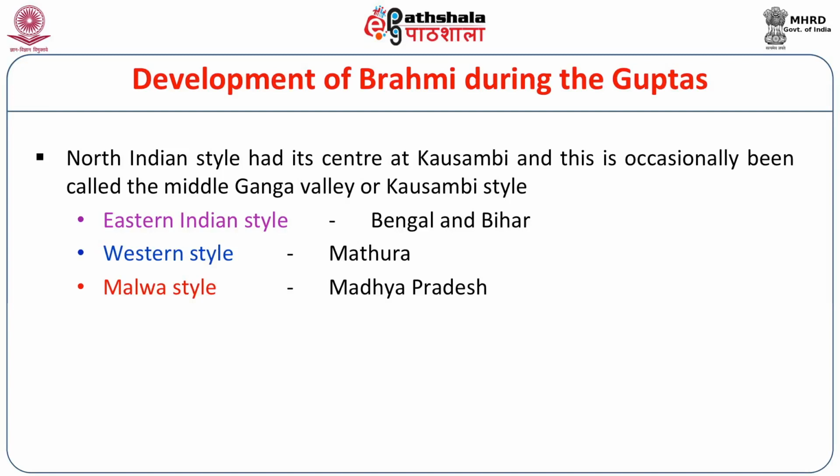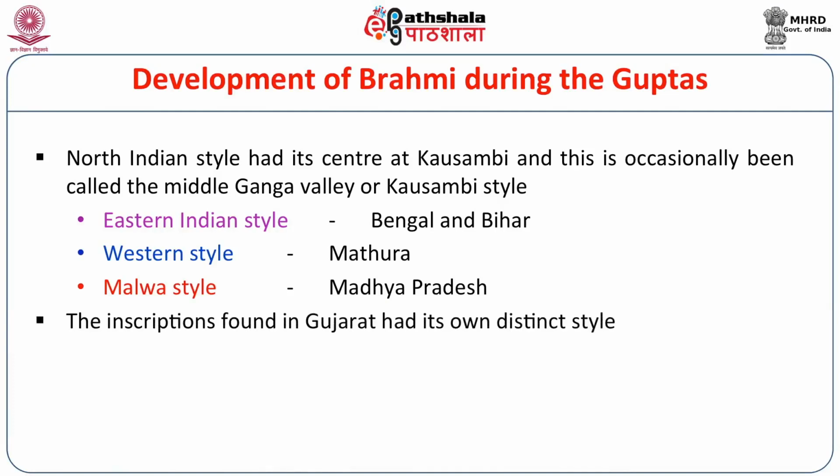The Malwa style, predominantly having slightly box-ended characters, is seen in Madhya Pradesh, that is Central India, and this later led to further progression during the Vakatakas. So in Central India, the Malwa style, you find mainly the head mark. Further, the Gujarat area also produced its own distinct style.